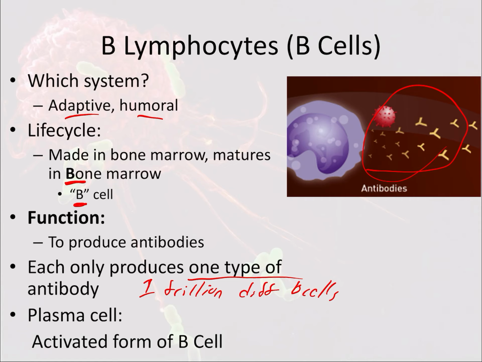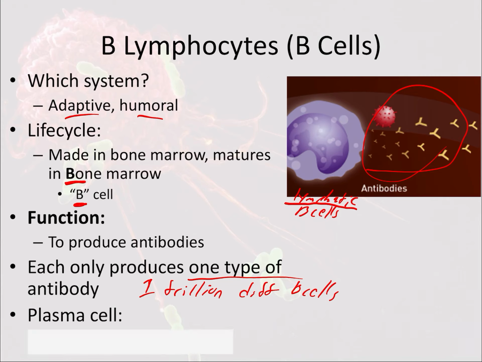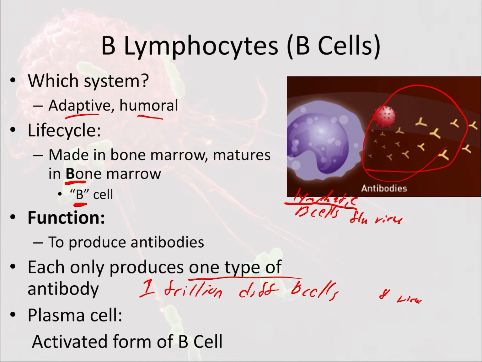So we have B cells normally in our lymphatic system, right? That's why they're lymphocytes. But then let's say there's a B cell that's there for a certain type of flu virus, a specific type of flu virus. It's sitting there. All of a sudden, that exact flu virus is encountered in your blood.